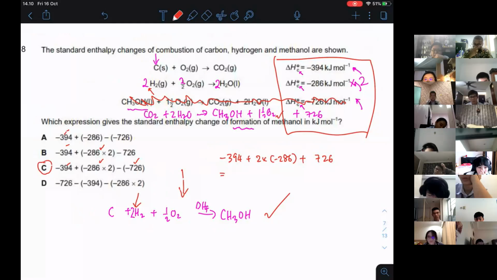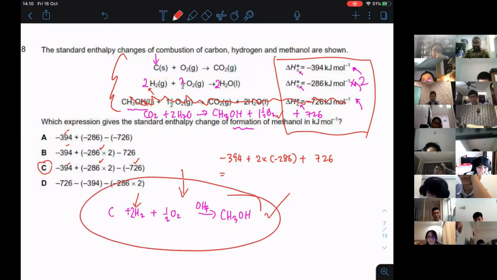Actually, no need, because you see, I am rearranging all these equations so that you can get this equation. Just wait for a while. You want to do it so that you get this particular equation that I wrote at the bottom, which is going to be this one.